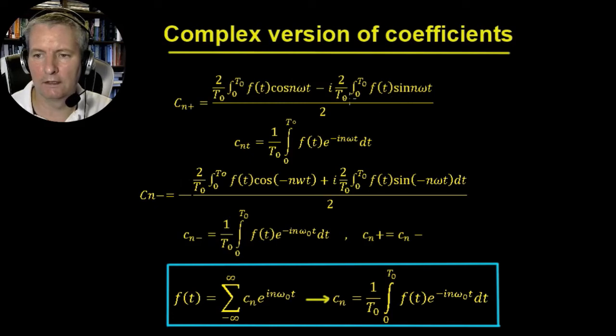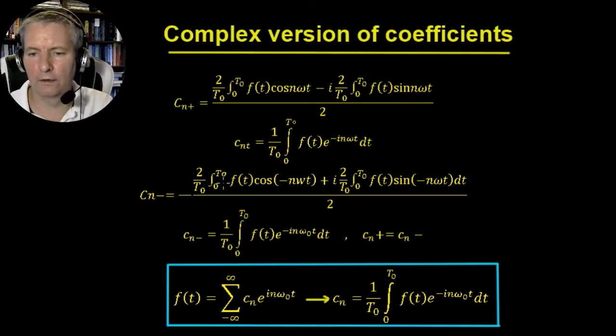And the i Bn is just this term here, and we're dividing it by 2. So when we divide it by 2, we get 1 upon t naught, the integral from 0 to t naught of f of t e to the minus i n omega t. This cos n omega t minus i sin n omega t is given by that e to the minus i n omega t.